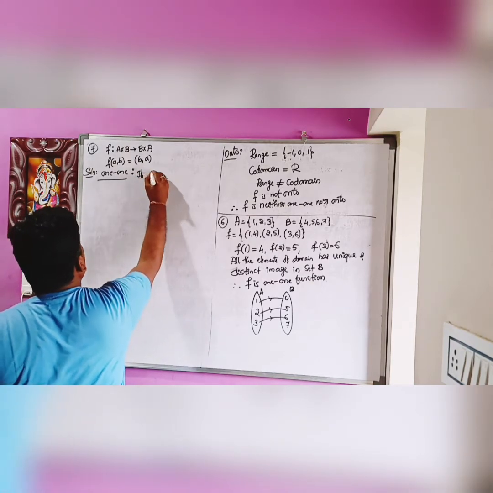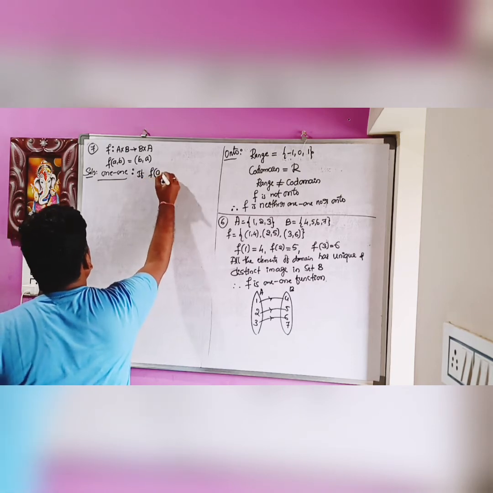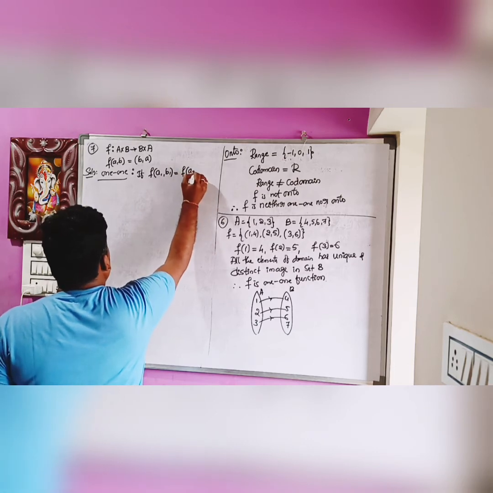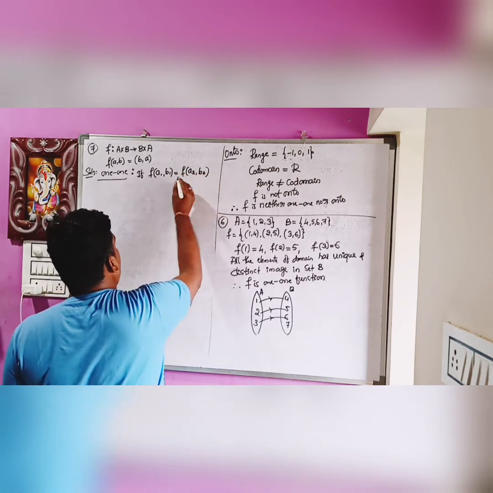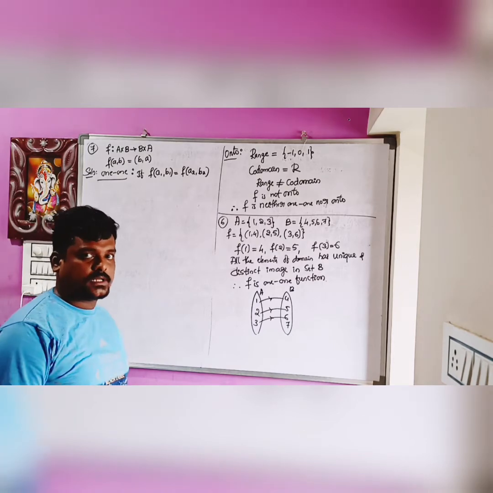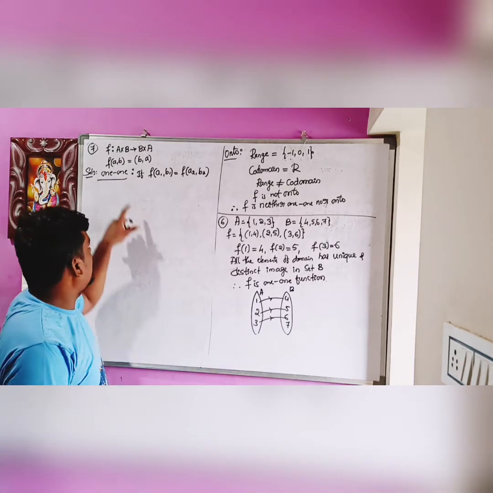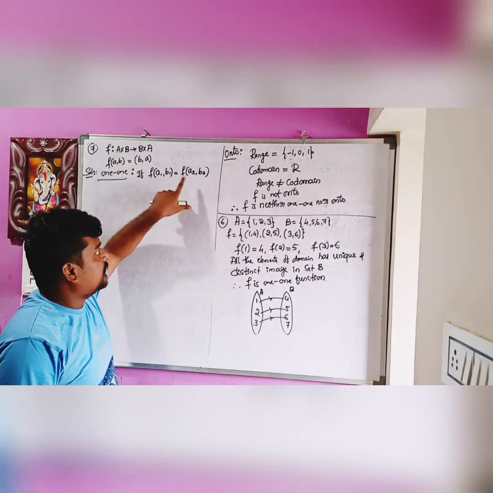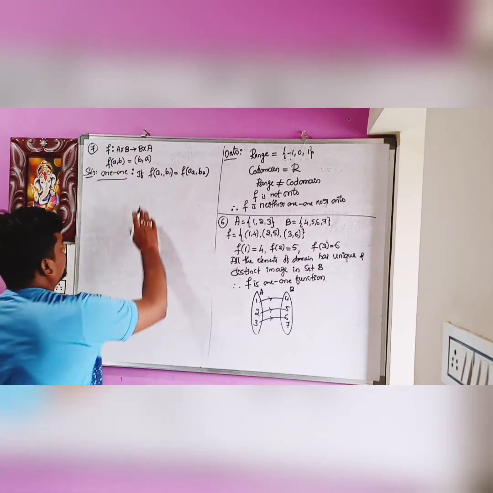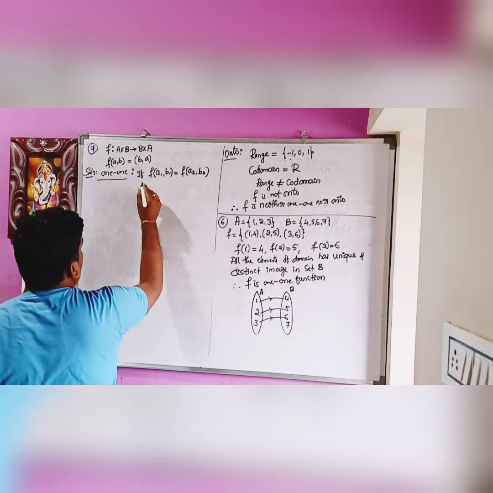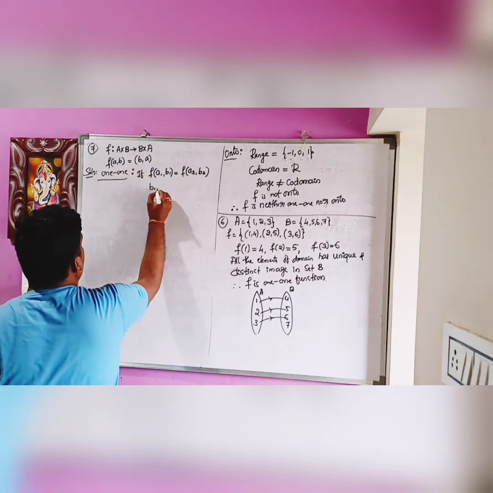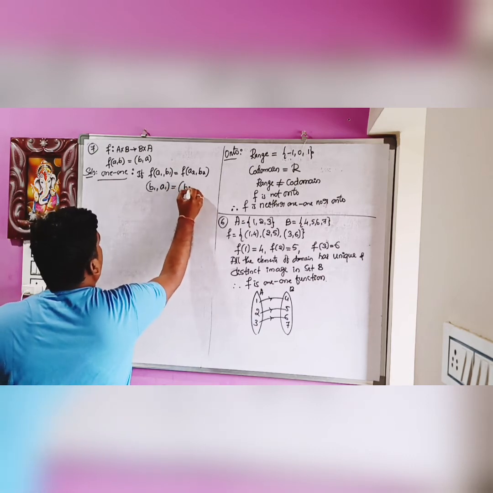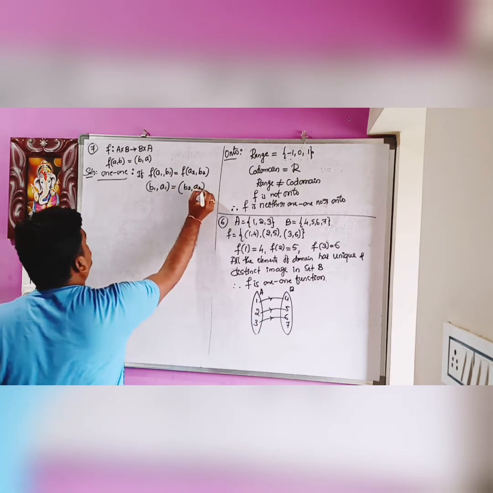If f of (a1, b1) is equal to f of (a2, b2), these are ordered pairs existing in the Cartesian product A cross B. What is f of (a, b)? It is (b, a), so we can write this as (b1, a1) equal to (b2, a2).